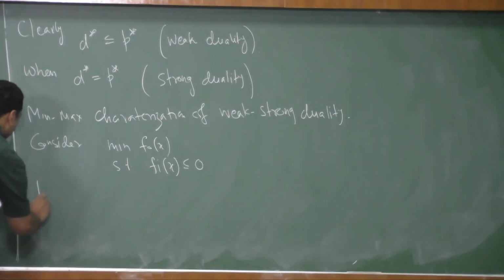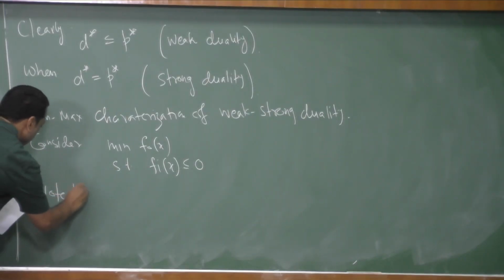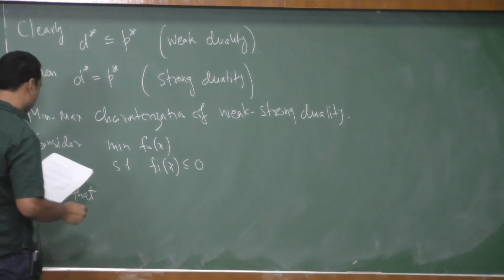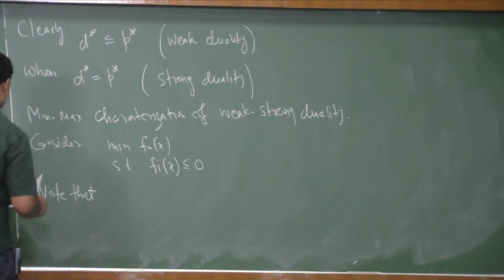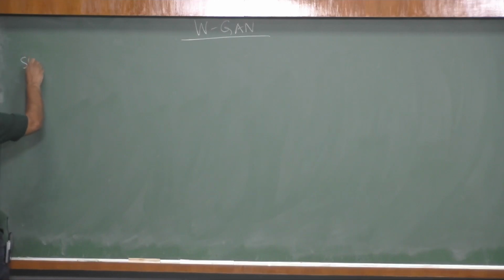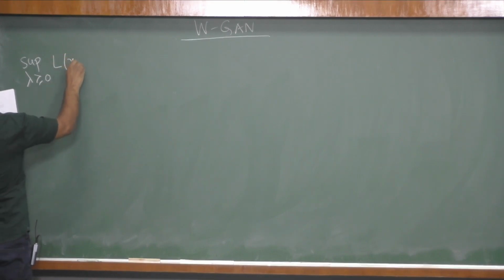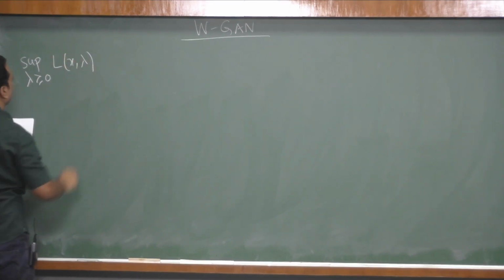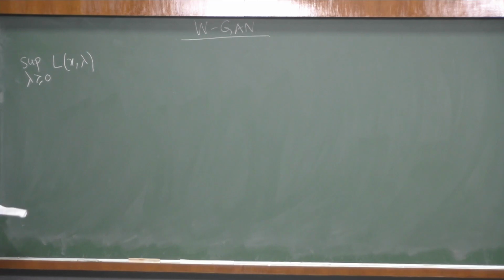So note that we can do this here: sup over lambda greater than or equal to 0 of L(x, lambda). Since there are only inequality constraints, I got rid of the nu and we have only lambda.